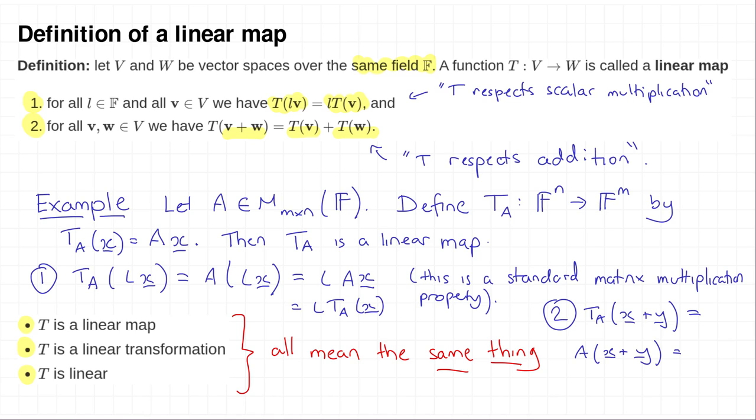Back to property 2 here, T A of x plus y, that's A times x plus y, and one of the properties of matrix multiplication is that it distributes over addition. So this is Ax plus Ay, which is T A of x plus T A of y. Again, that's just a standard property of matrix multiplication, that it distributes over addition, and therefore our maps T A satisfy both properties in the definition of linearity, so they are linear maps.